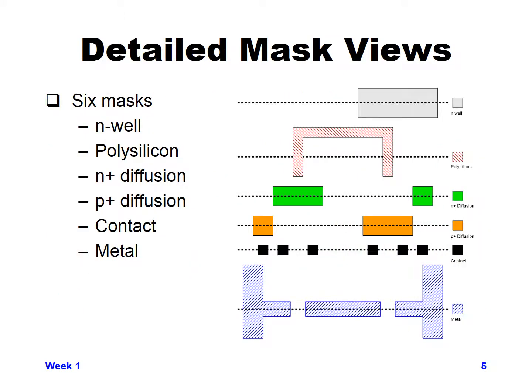So this here is showing what I talked about in the last slide, where I was saying we need all these different types of masks. This is showing what each mask itself would look like instead of having them all on top of each other.